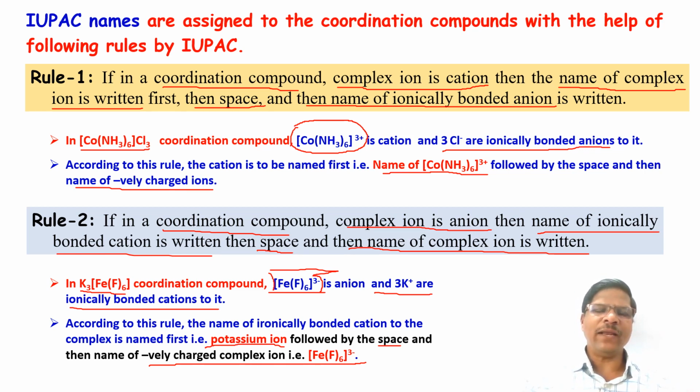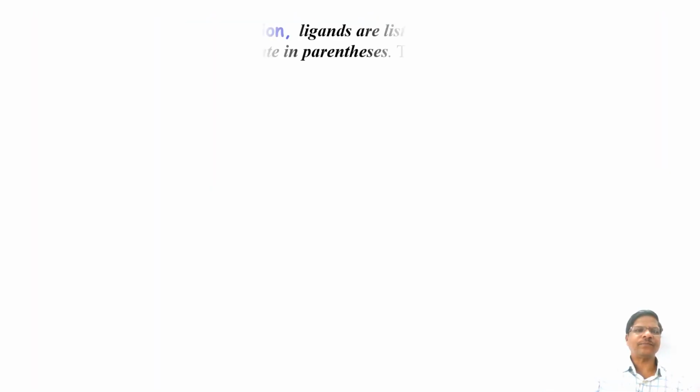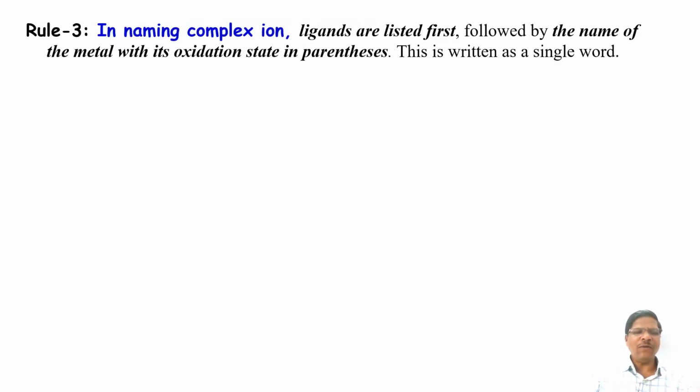So remember very well one thing: in a coordination compound the complex ion may be cationic or anionic, and depending on this we have to decide whether the name of the complex ion is to be written first or later. Now the rule for naming of the complex ion.